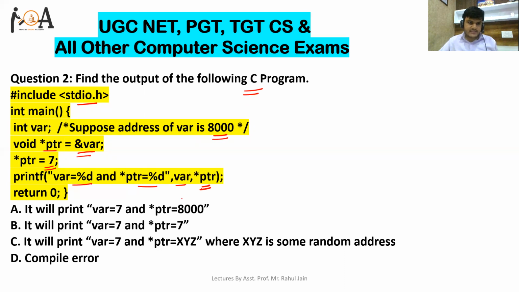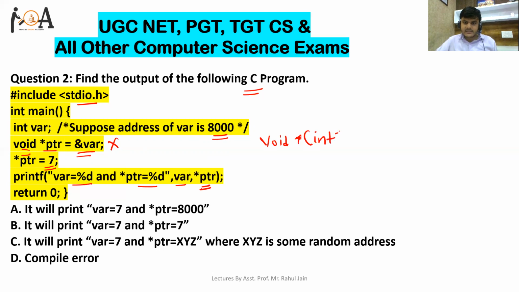If you see here, we are declaring void star ptr, and then dereferencing it. This is an incorrect way of using the void type, because a void pointer cannot be dereferenced, and we are printing an integer.